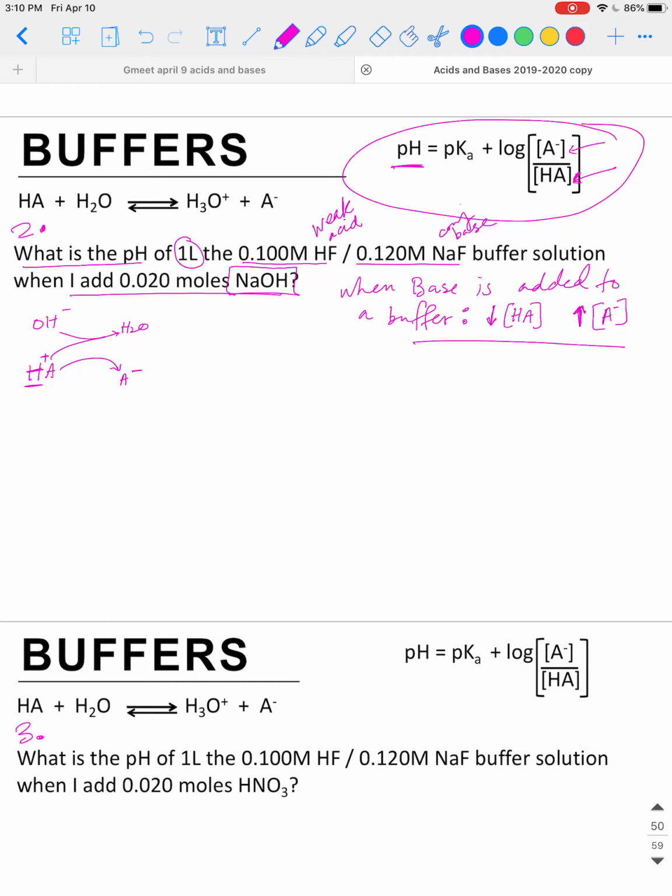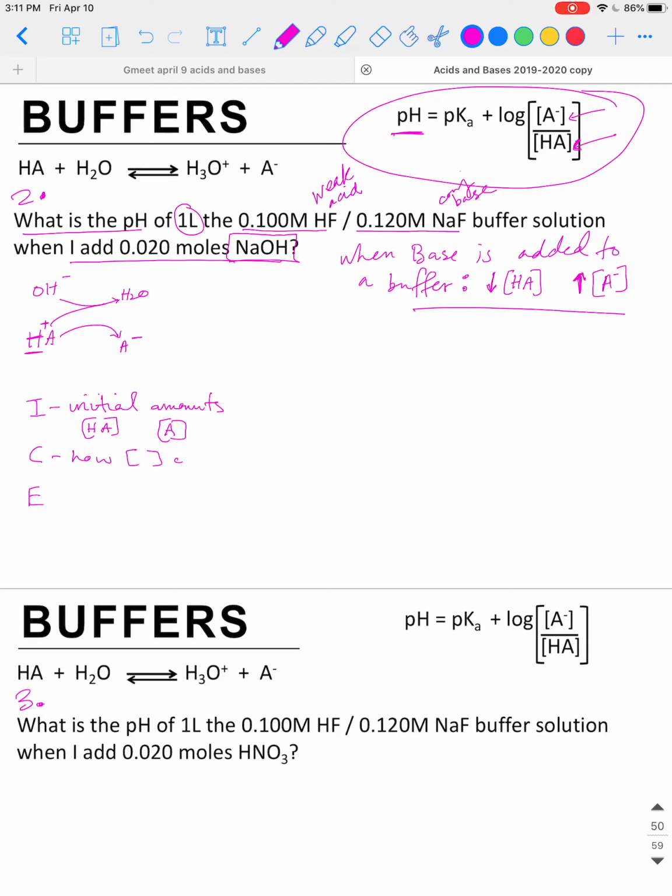We create what's called an ICE chart. I stands for the initial amounts of HA and A minus. C stands for how the concentrations change.